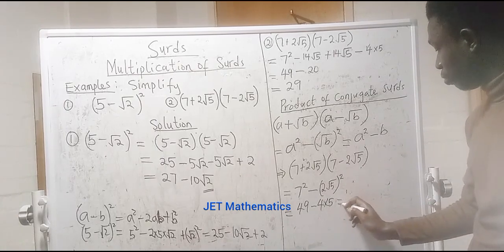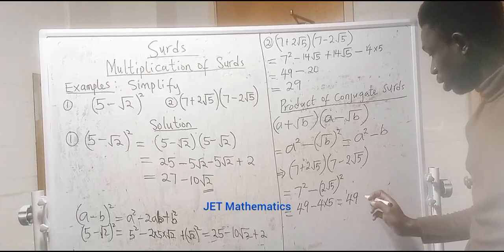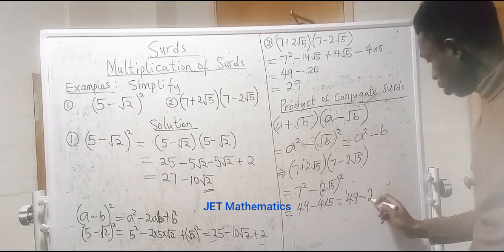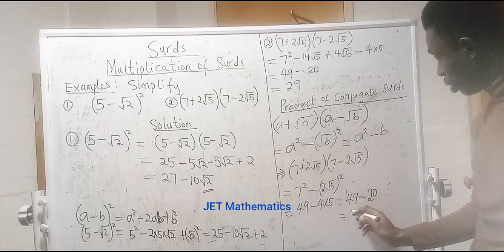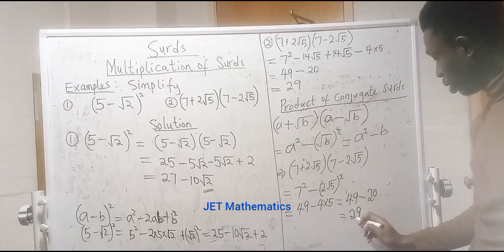So that gives us 49 minus 20. And finally we have that the result is 29.